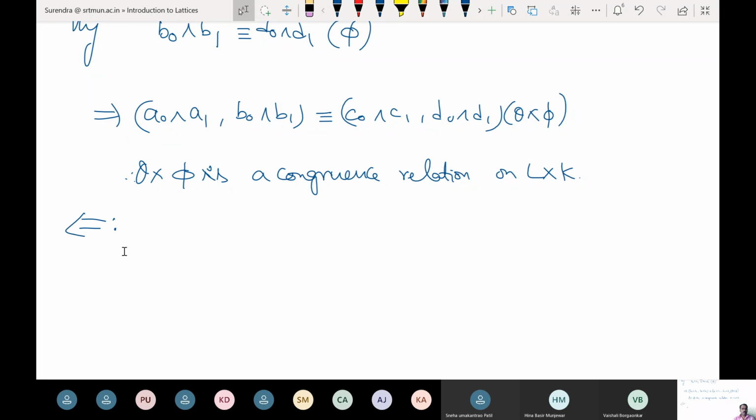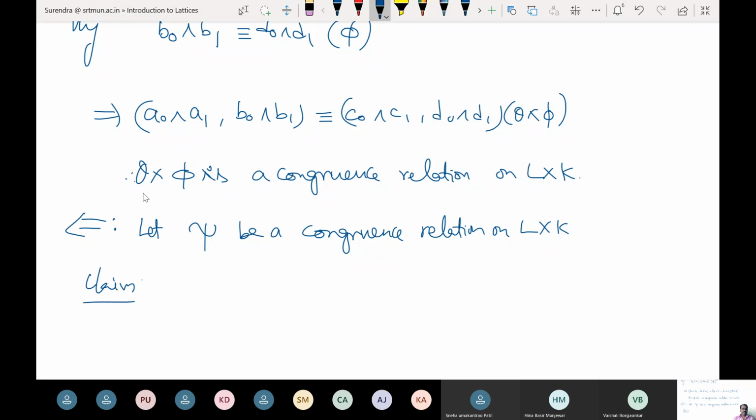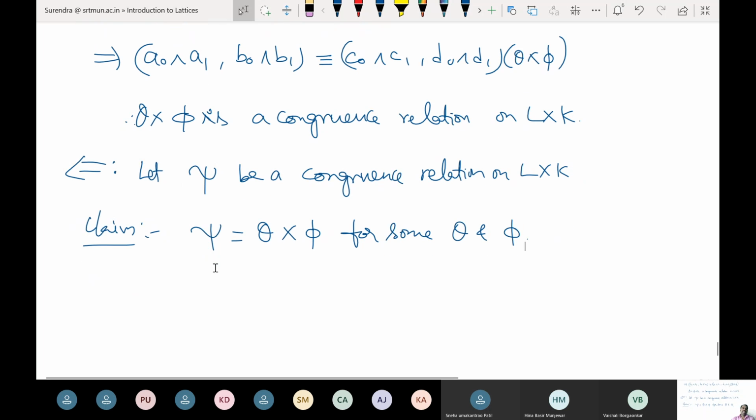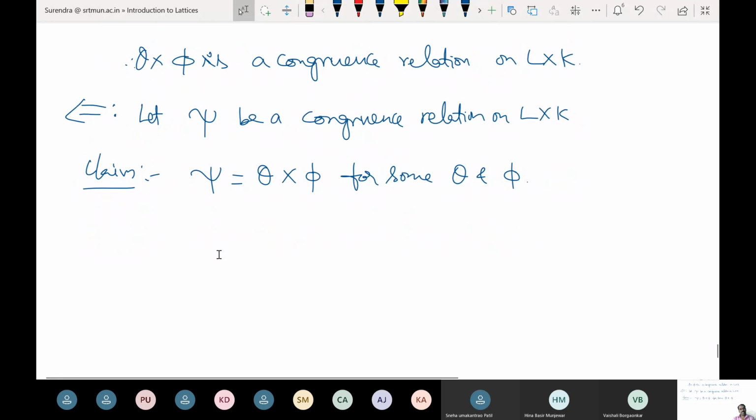That means if we start with any congruence relation, let psi be a congruence relation on L cross K. We will claim that psi is actually theta cross phi for some theta and phi. So we will define our theta and phi, which are a congruence relation on L and a congruence relation on K, such that psi is equal to theta cross phi. This we will see in the next class.